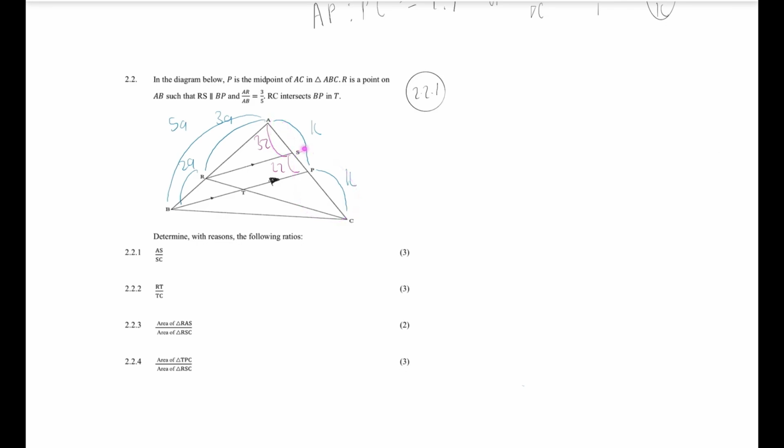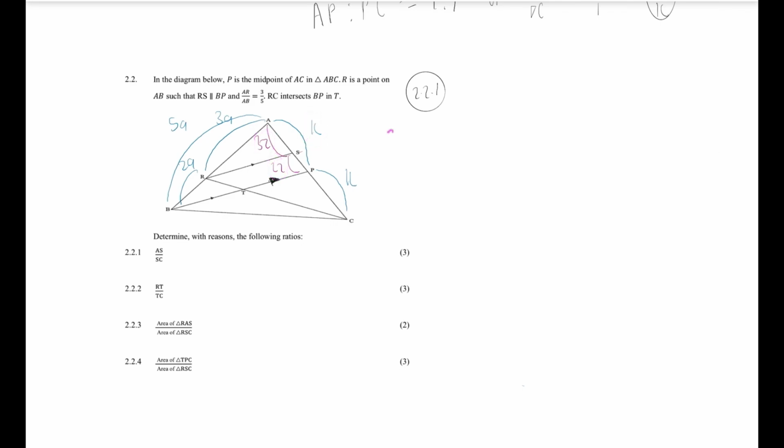So how do we actually solve this? We know that our AS is in terms of 3Z and is also a part of this K. And we know that our SC is made of 2Z and this K. So that means that it would be more convenient for us to only function with one variable on one side. And how can we do that? We do that by finding the relationship between K and Z. And you can see that if you take your 3Z plus your 2Z, it gives you your K, right?